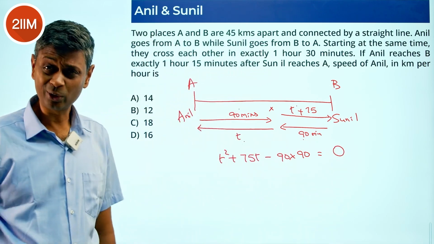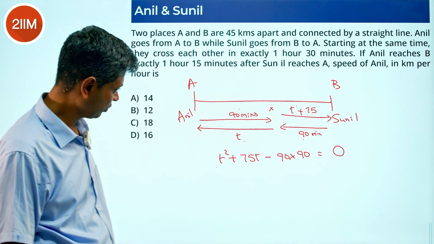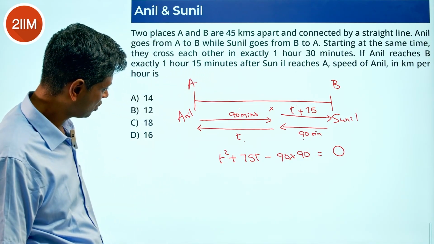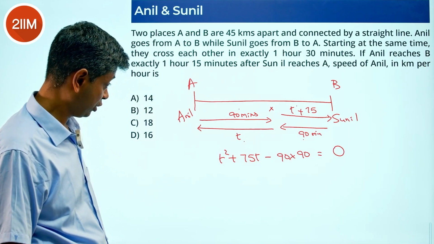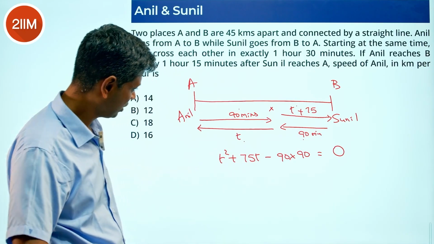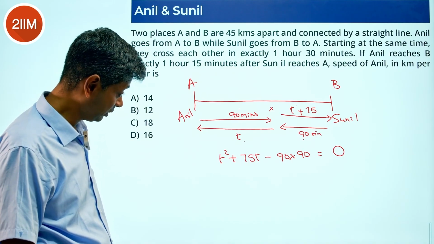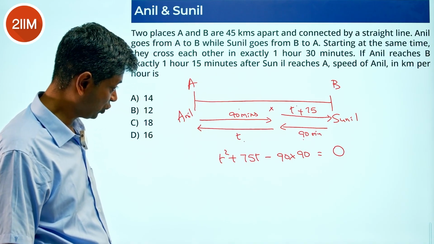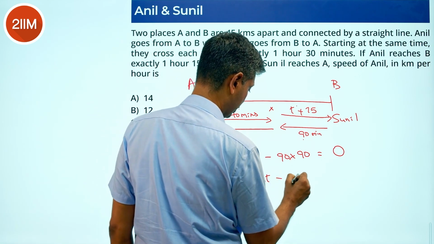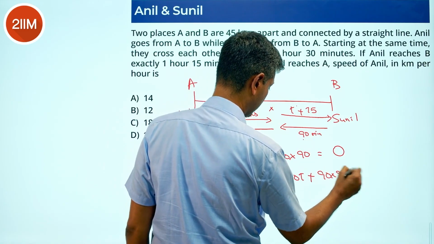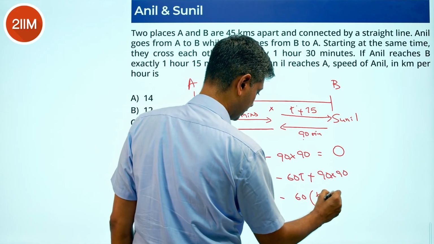We've got to factorize this, 90 into 90, lots of 9s. 90 into 15, no, doesn't work. 120 into 45, no. We need to break this such that there are two zeros sitting there. 135 into 60, that will work. t square plus 135t minus 60t minus 90 into 90 equal to 0. t into t plus 135 minus 60 into t plus 135.